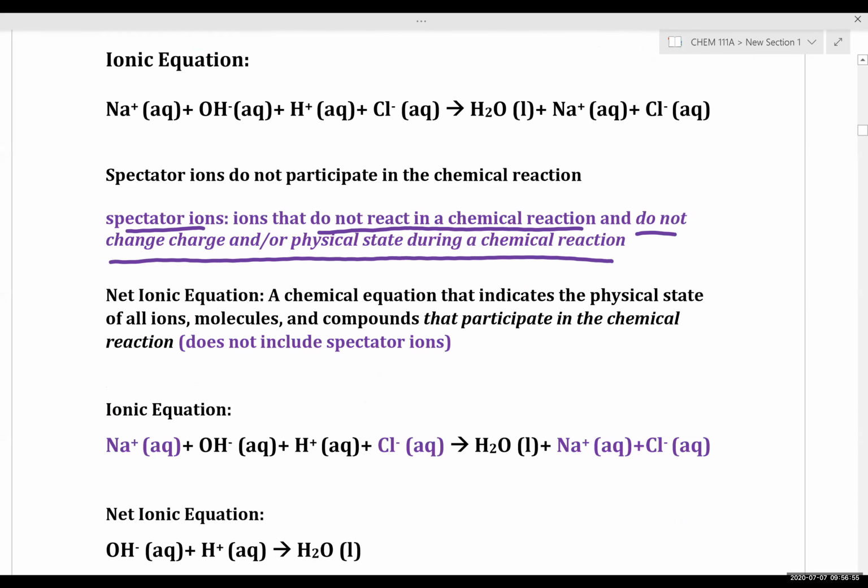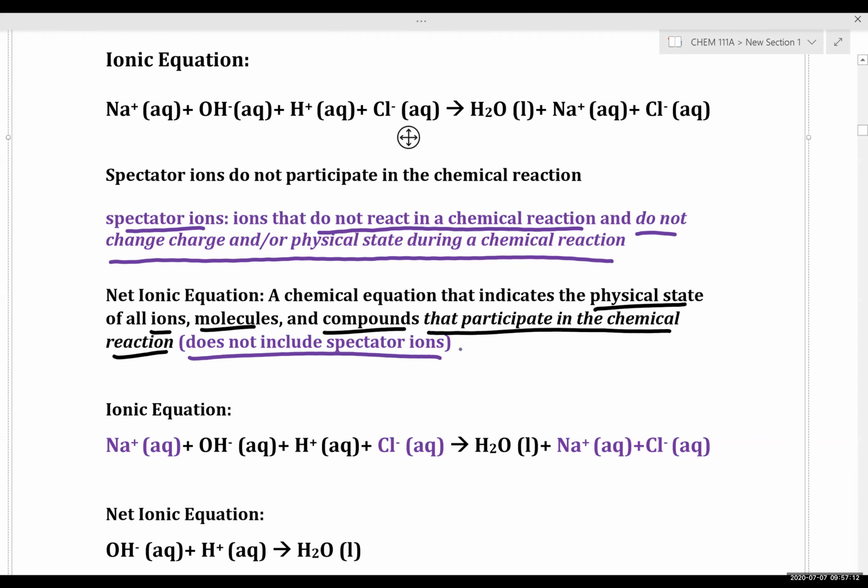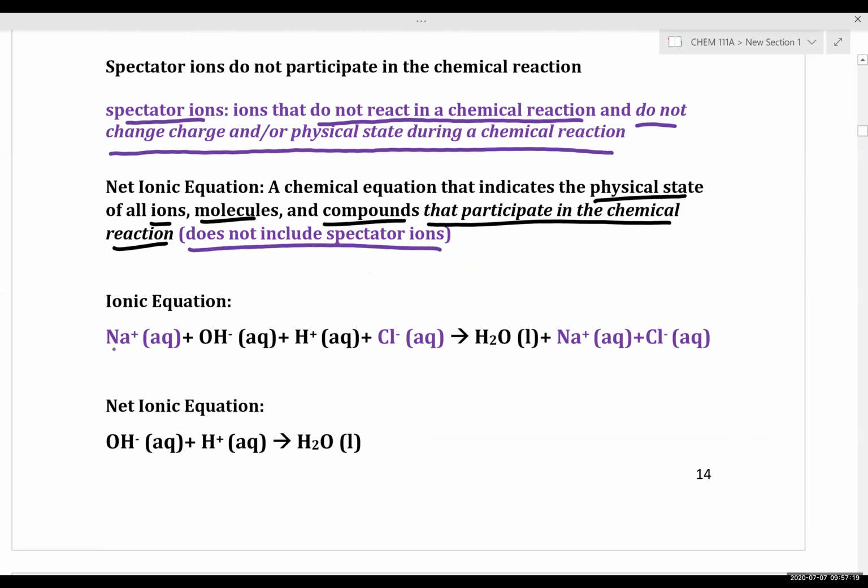The net ionic equation quite simply indicates the physical state of all ions, molecules, and compounds that participate in the chemical reaction. The key feature of this definition is that the net ionic equation does not include spectator ions. Looking at this equation, sodium is the same and chloride is the same, both in charge and physical state, on both sides of our equation.